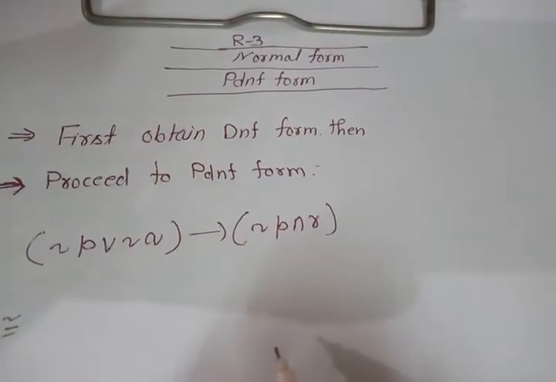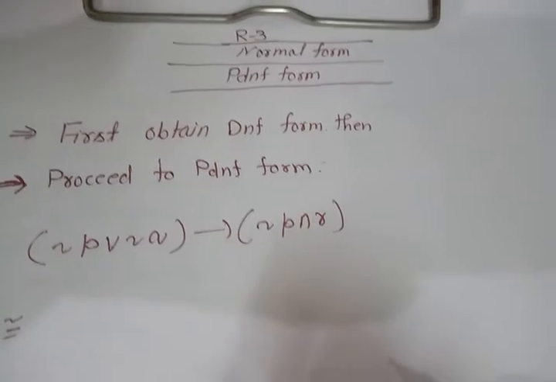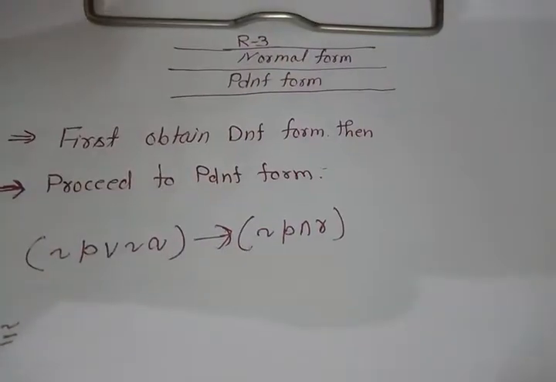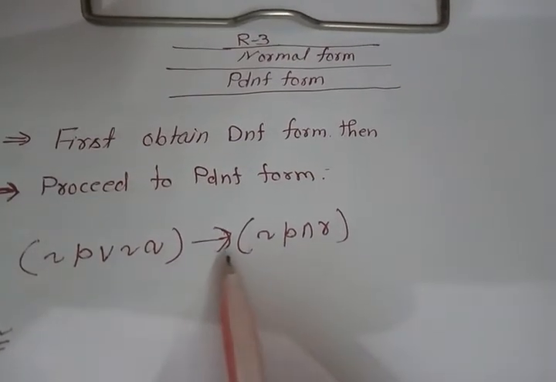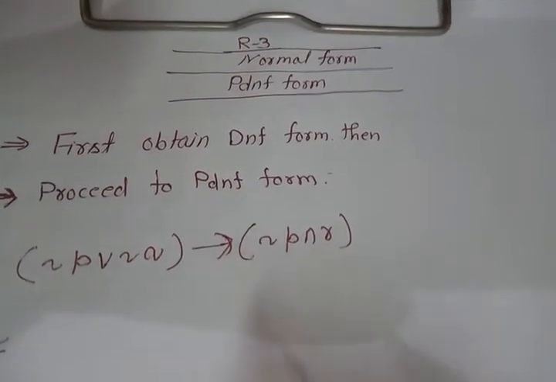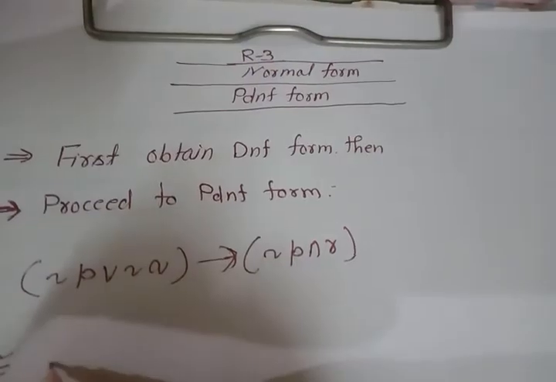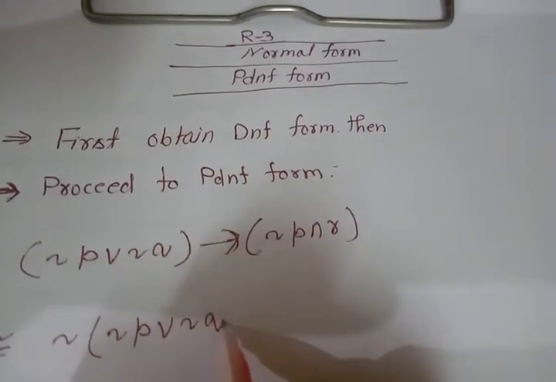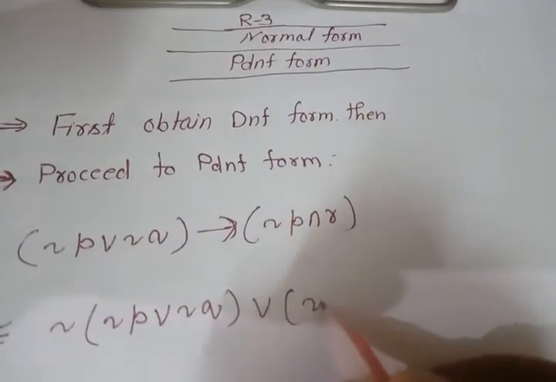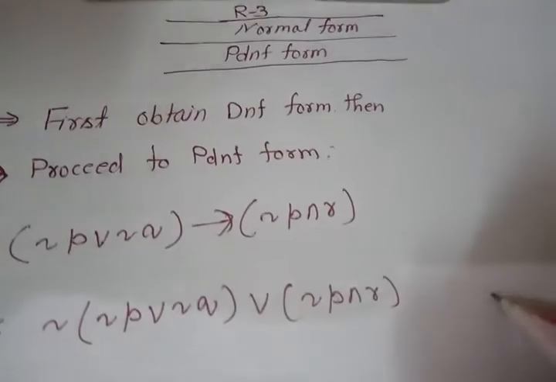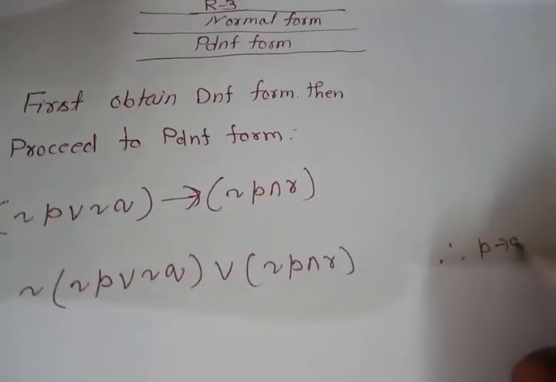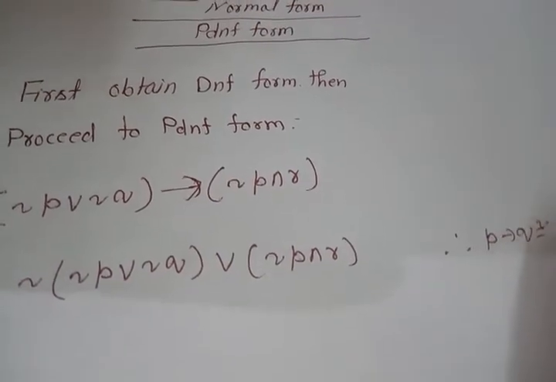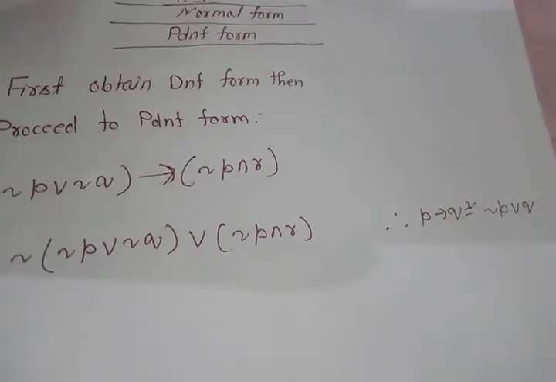Then, there is no biconditional notation, so we will start by simplifying this conditional notation. It can be simplified to negation of P or negation of Q, or negation of P conjunction R, as we know that P to Q is simplified as negation of P or Q.